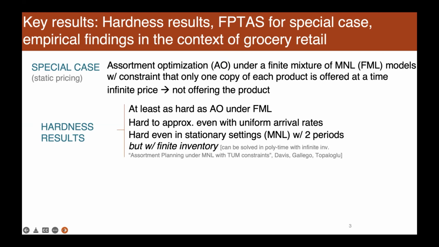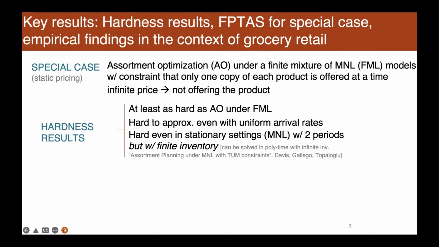My mind went, okay, what happens if it's infinite inventory? And then I had to dig up this paper, which is also quite well known. I haven't done the exact reduction, but basically when there is infinite inventory and you have infinite budget, or at least there's only one MNL model, you can solve this problem efficiently because it reduces to assortment planning under the MNL model with totally unimodular constraints.